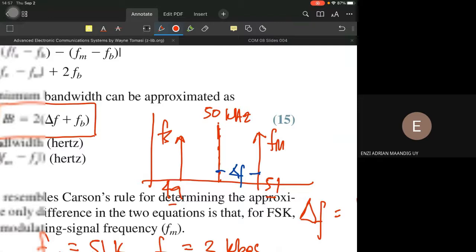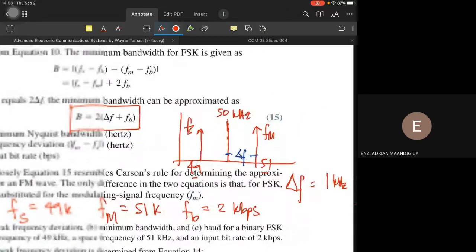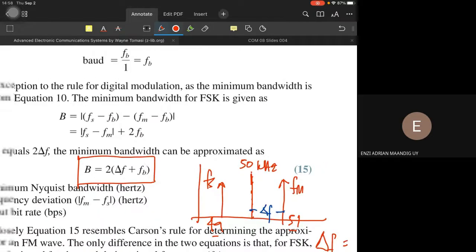So for the bandwidth, the baud is equal to the bit rate, since it is binary. We know that this one and this one are equal. But how do we solve for the bandwidth? We use this formula.